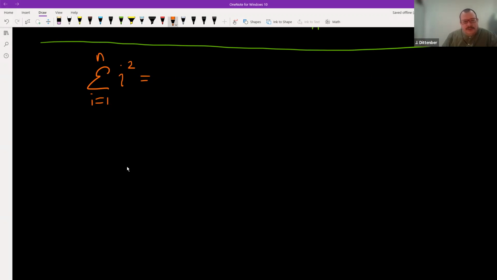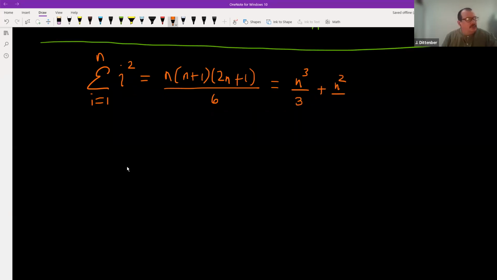So we can get this formula: n times n plus 1 times 2n plus 1, divided by 6. It's easier if you multiply this through: n cubed divided by 3 plus n squared divided by 2 plus n divided by 6.